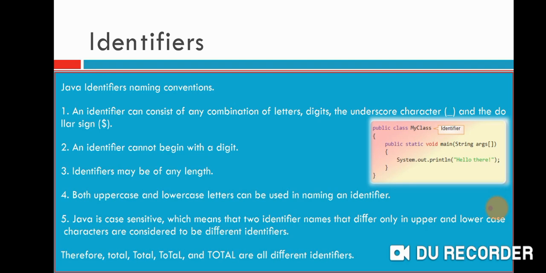Both uppercase and lowercase letters can be used in naming an identifier. Java is a case-sensitive language, which means that two identifier names that differ only in upper and lowercase characters are considered to be different identifiers. Therefore, total written in lowercase, total written in uppercase, or total with different cases are all different identifiers.